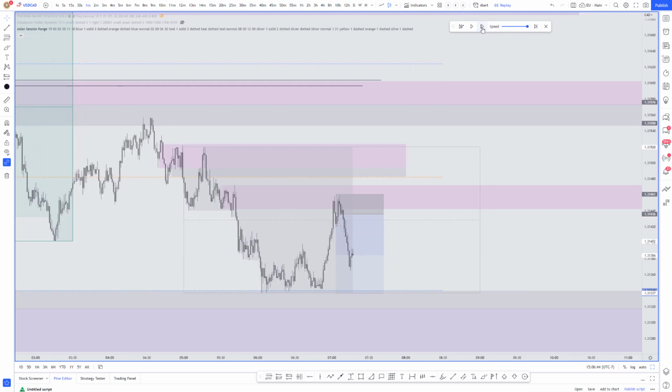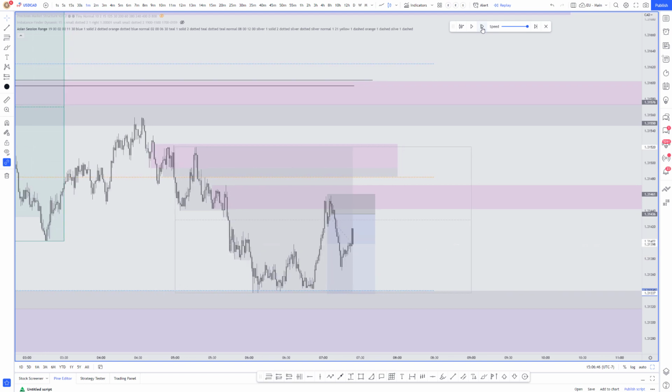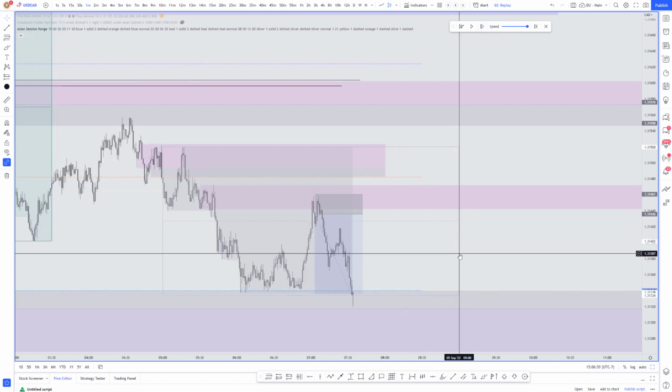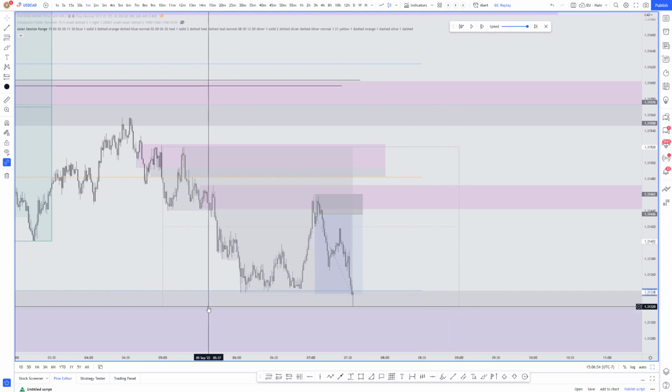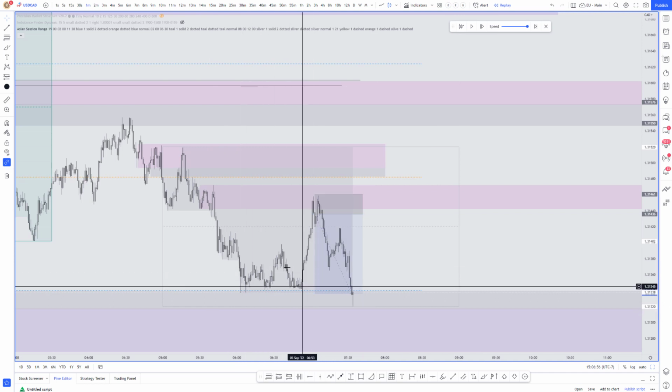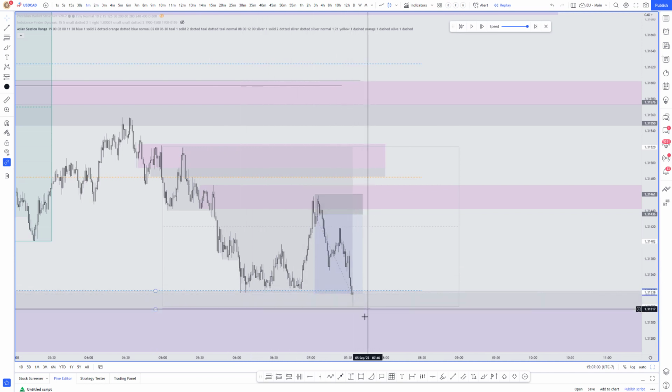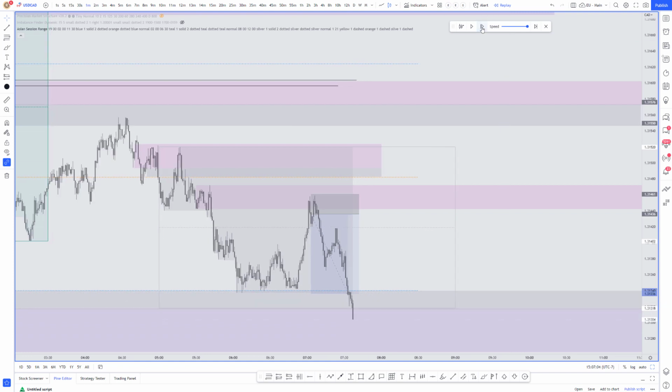That would have kept me in. Depending on your broker, that may or may not have kept you in. So quick little 4R. So you could say this was our first drive into the imbalance. This would be kind of our second. You're getting a decent reaction there.